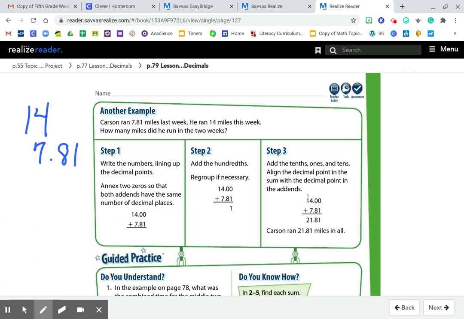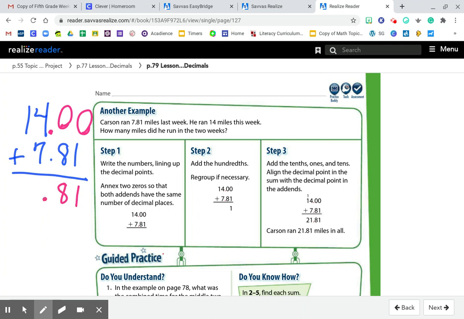And you've got to remember that every whole number has the invisible decimal after it. So we can actually pop the decimal in and put a couple zeros there to help make sure we're lining things up correctly. Super important.